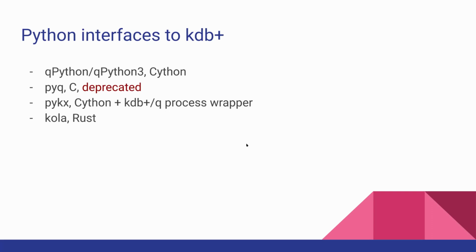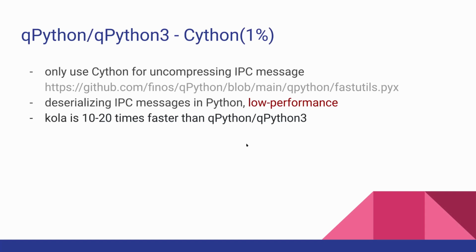There are a few packages you can use to interface with KDB so far: QPython, which uses a bit of Python, PyQ, written in C, PyKX, the official Python package for KDB, and Kola. I'll go through them one by one.